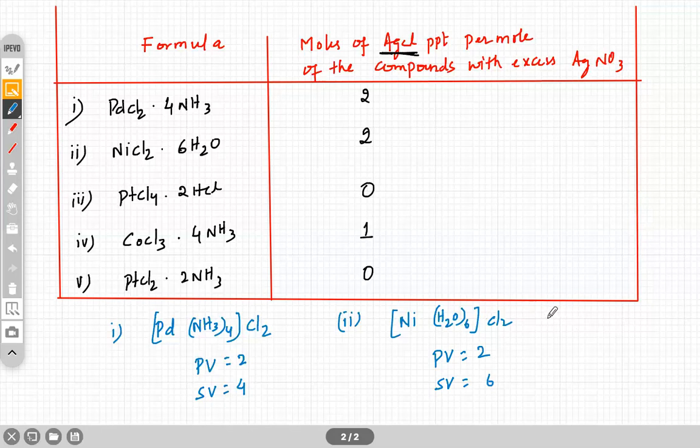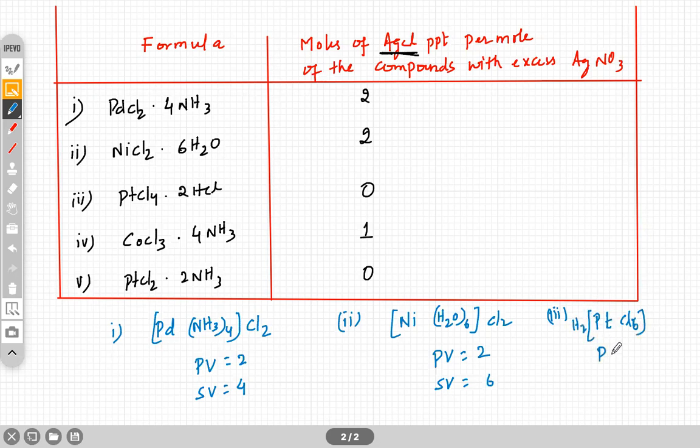Okay, so the third one, you see, there is no precipitation here. It means all the ions are present inside the complex. So we'll have Pt. Basically we can write this as H2PtCl6. This way also you can write H2PtCl6.